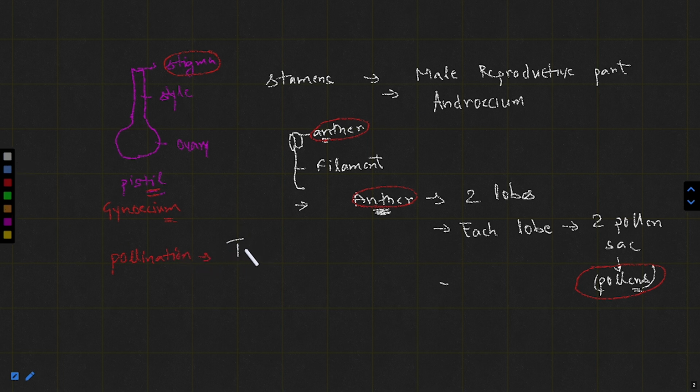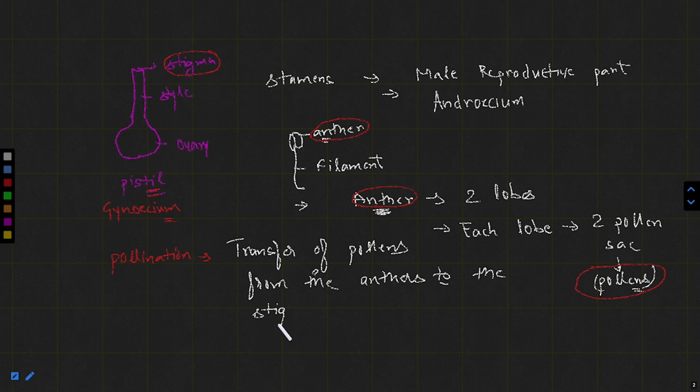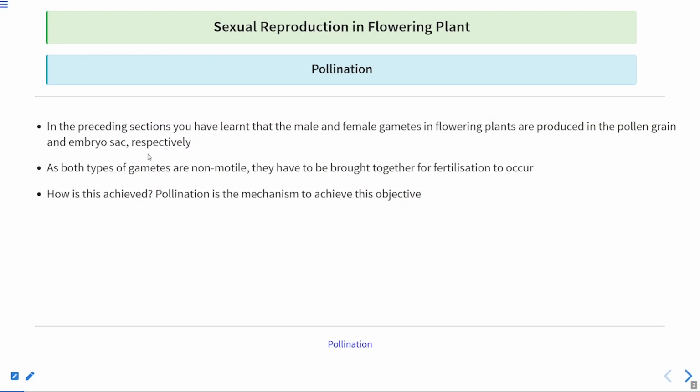The transfer of pollen from the anthers to the stigma. This is known as pollination. Now pollination can be of a lot of types, self-pollination and cross-pollination. So we'll study about pollination and the types of pollination in this lecture.